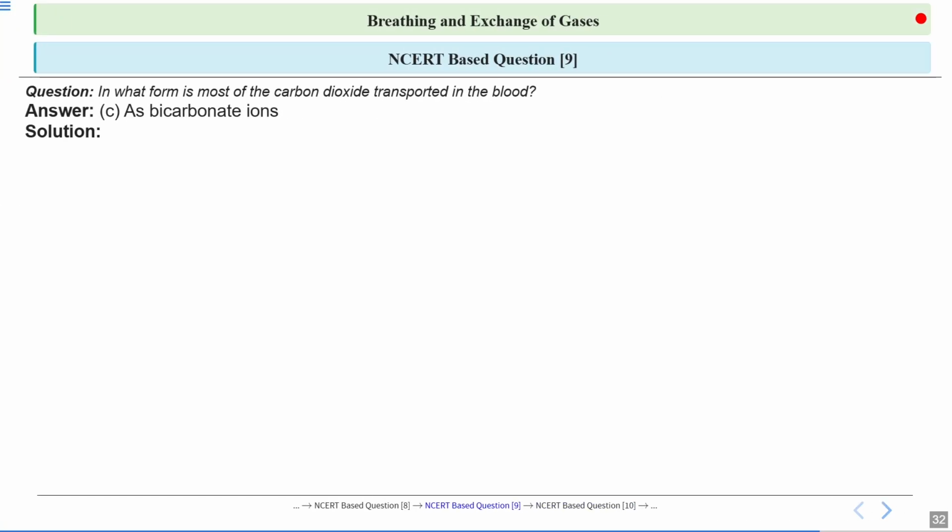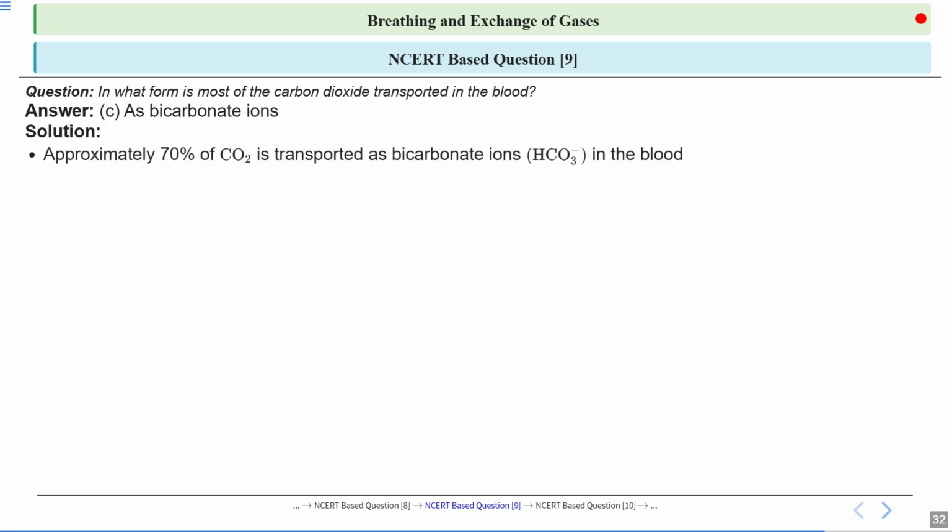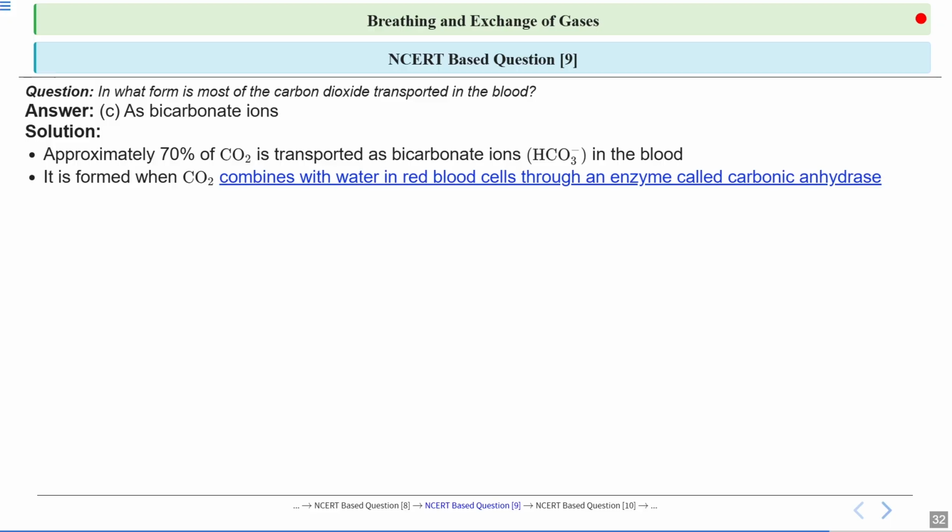Answer is option C, yes, as bicarbonate ions. So approximately 70% of carbon dioxide is transported as bicarbonate ions, HCO3 minus, in the blood. It is formed when carbon dioxide combines with water in red blood cells, RBC, with the enzyme called carbonic anhydrase.